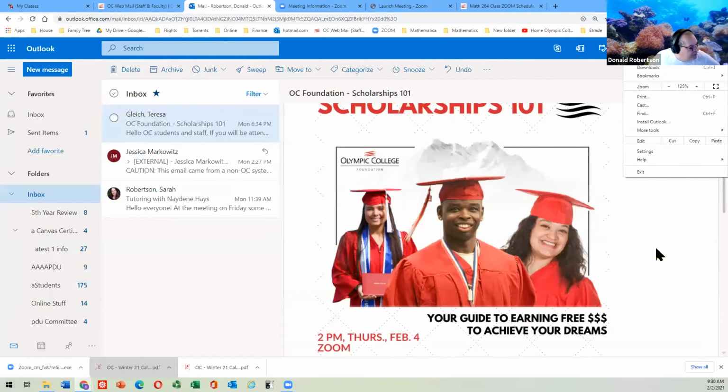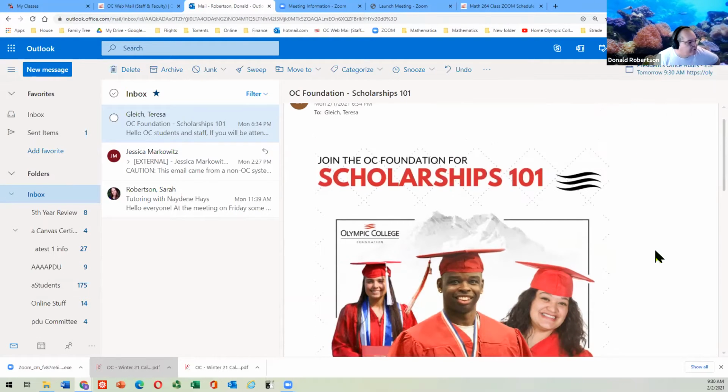A lot of you, unless you're exceptionally independently wealthy, will be looking for scholarships. And the OC Foundation, which I'm sure you've heard of, there's some really nice people who donate money to the college so that we can give students scholarships. And that organization is called the Foundation.